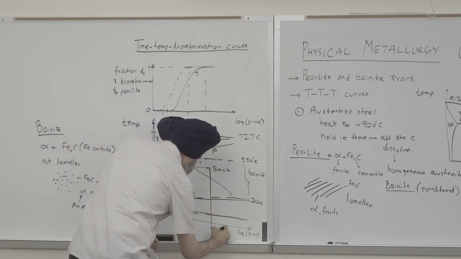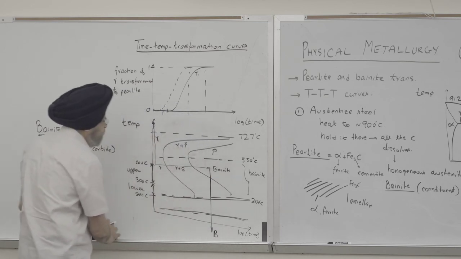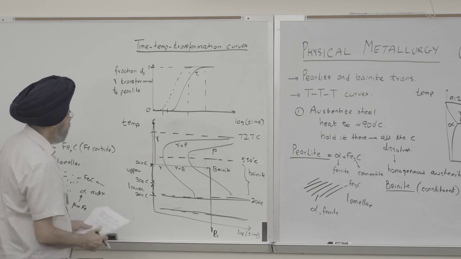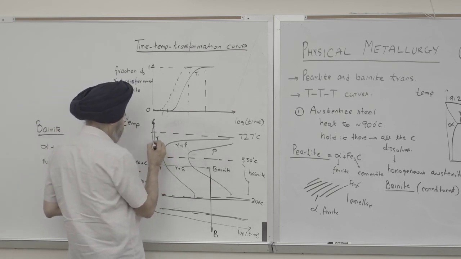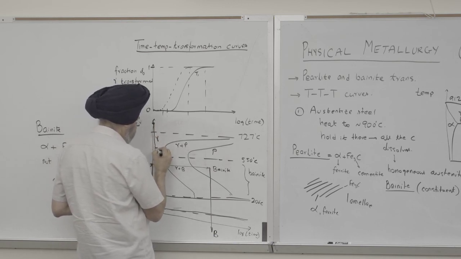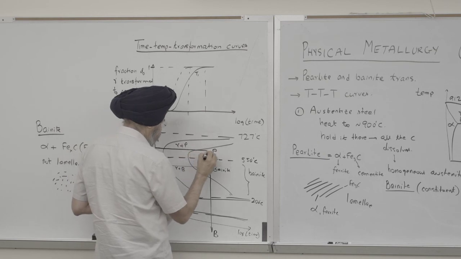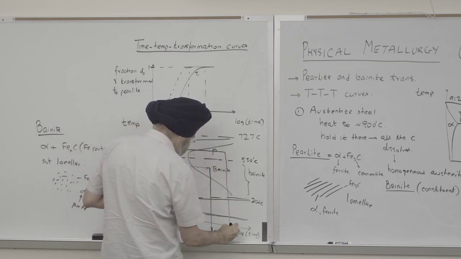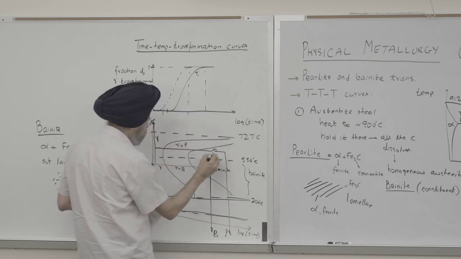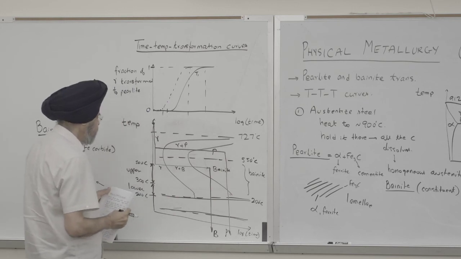So you end up with mostly bainite, right? Suppose we do the same exercise, and I come down to this. We start there, we quench over here, and then we do isothermal transformation, and we then quench from there. We get pearlite. So this path gives us pearlite.